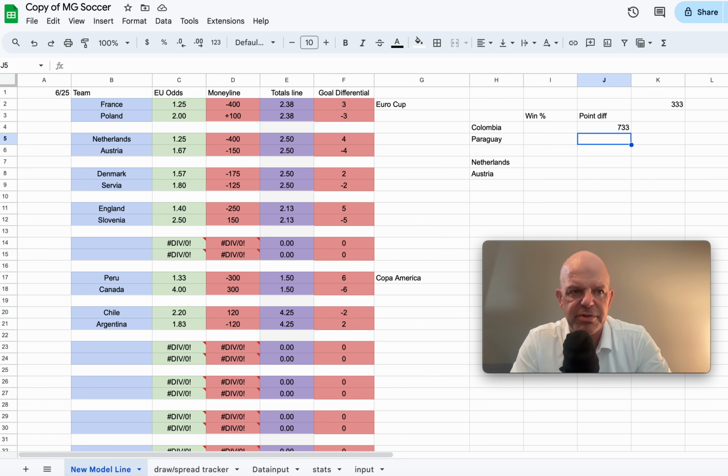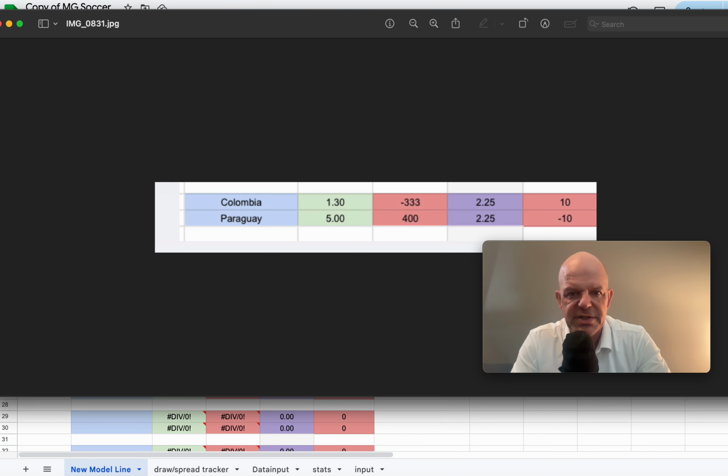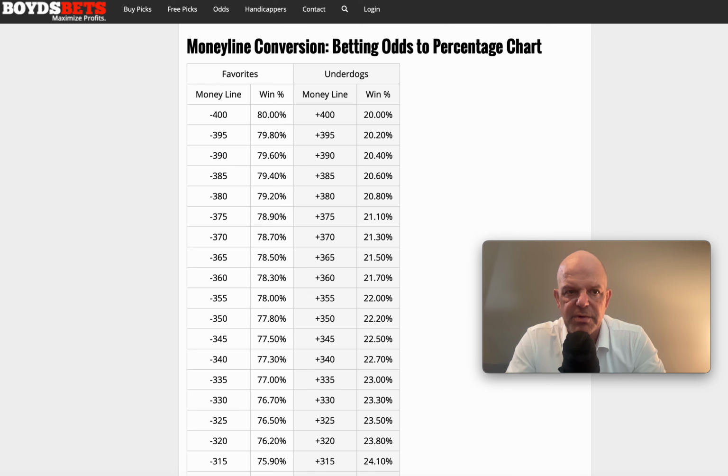Now, the next thing we're going to do is look at their win percentage. So, again, Colombia is minus 333. Paraguay is plus 400. So what we're trying to do is convert those into their actual percentage chances of winning. So we go to this chart. This is Jimmy Boyd, another handicapper.